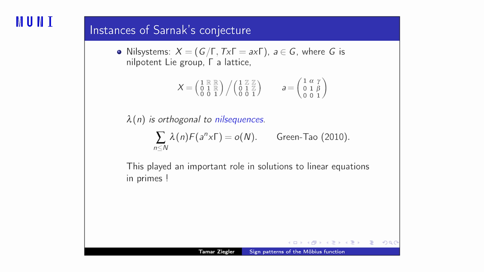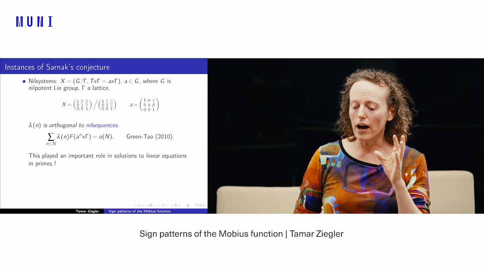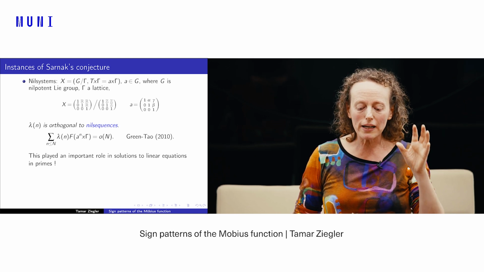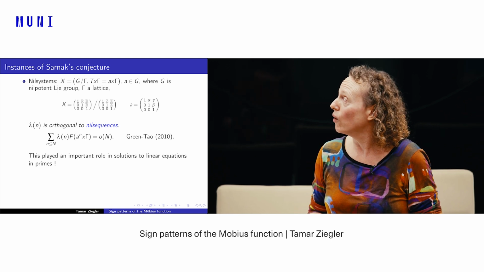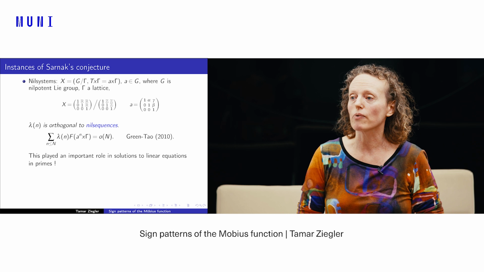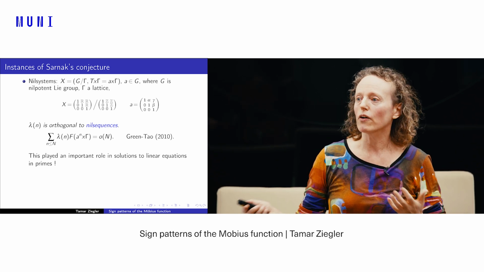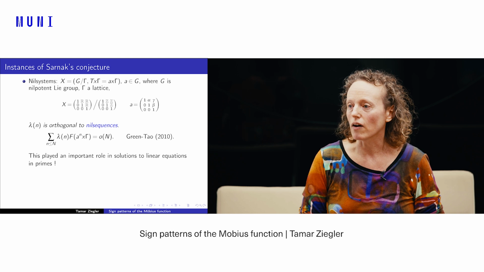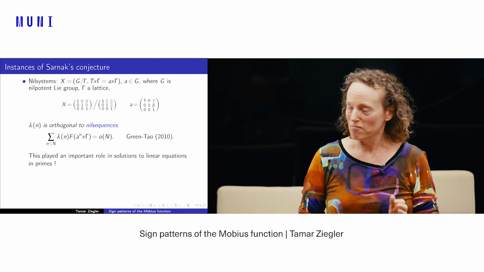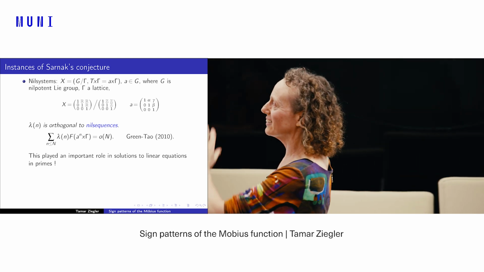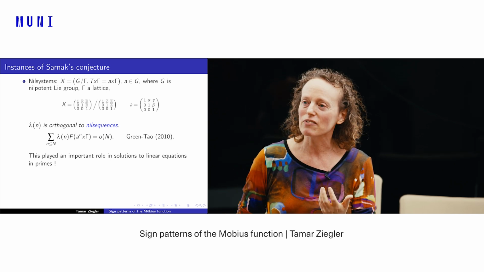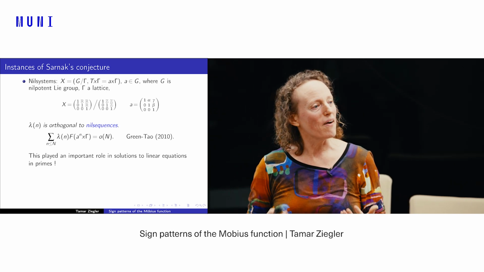It was one of the motivations he had for this conjecture. And these systems are extremely important. They played a very important role in solutions to linear equations in primes. They play an important role in understanding how to solve linear equations in subsets of integers. So they're an important test case, but still the dynamics of this test case are relatively easy.